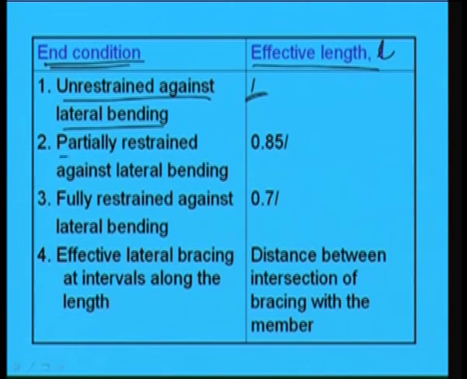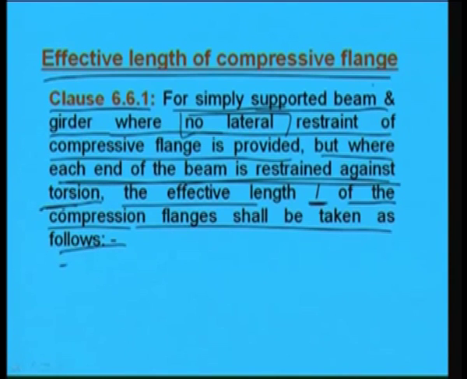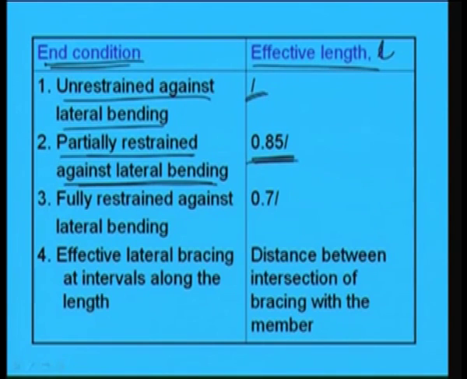If it is partially restrained against lateral bending, then this can be taken as 0.85 L. Remember, this is for a simply supported beam and girder where no lateral restraint of the compressive flange is provided, but where each end of the beam is restrained against torsion. The third case is fully restrained against lateral bending, which will be considered as 0.7 L.